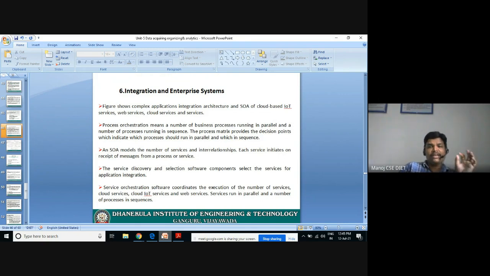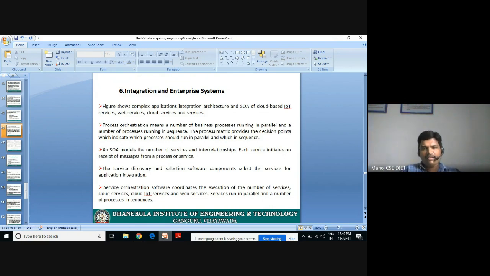All these process metrics are provided here for taking decisions, and every process, whether running in parallel or in sequence, can be visualized with the help of the diagram.